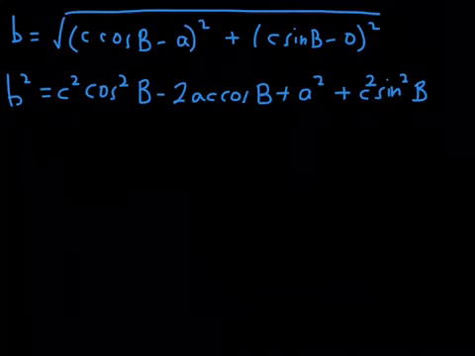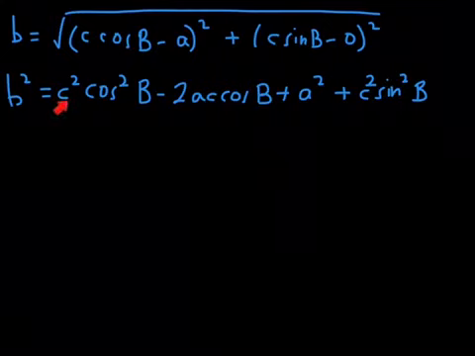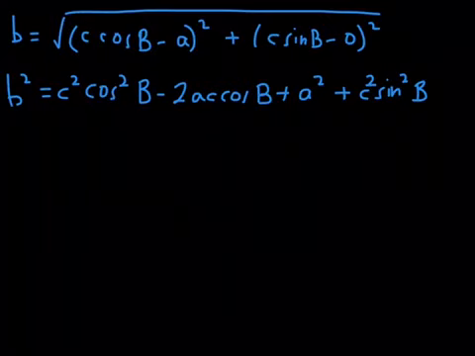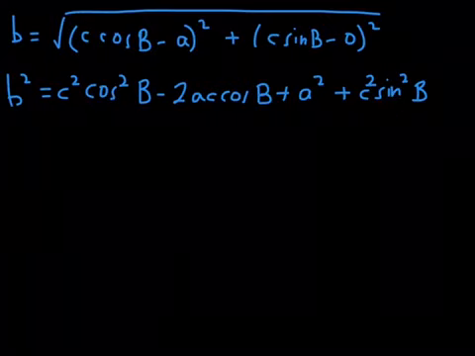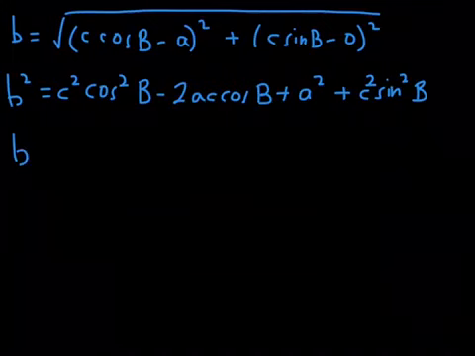So what I'm thinking about doing is factoring out the common factor of c squared. That leaves me with cosine squared b plus sine squared b, and then I can use my identity to simplify. So the left-hand side is still b squared.